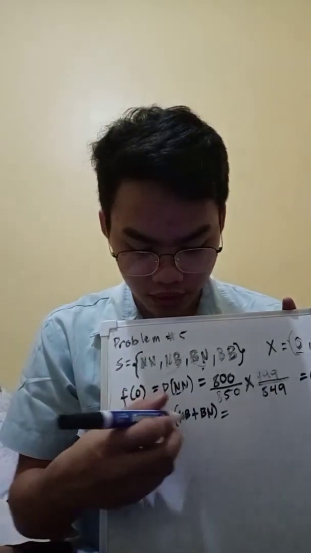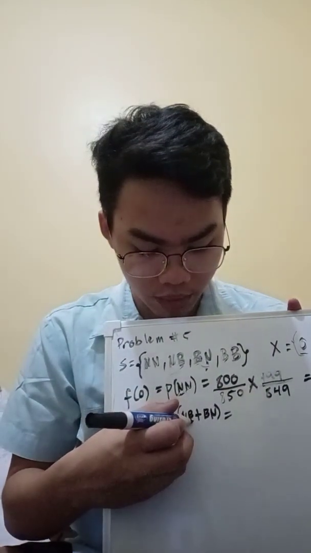And applying the same principle as the f of 0, we now have, we will need to find the probability of the first draw and then multiply by the second draw. Okay?